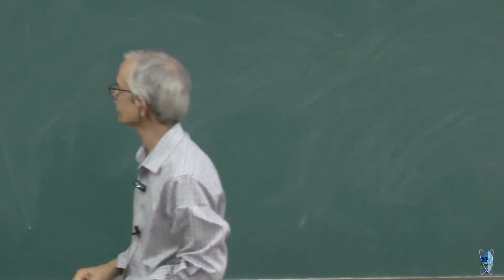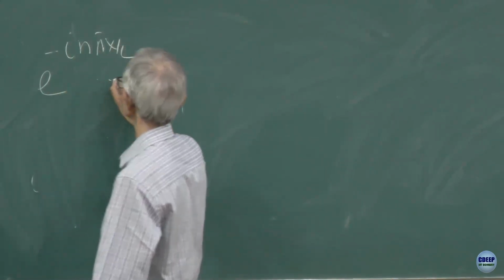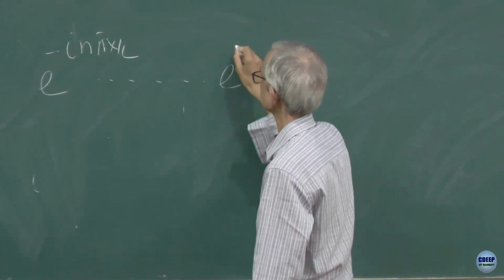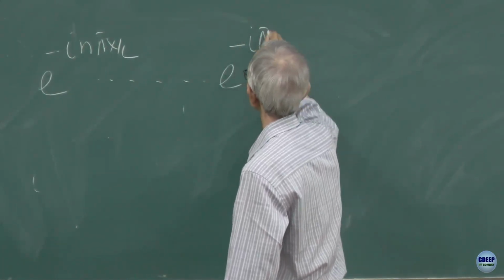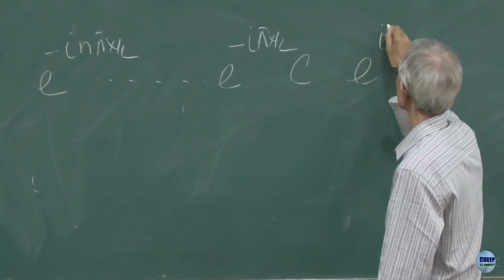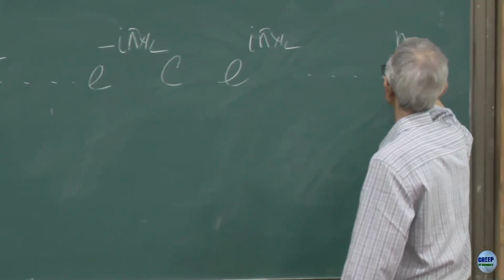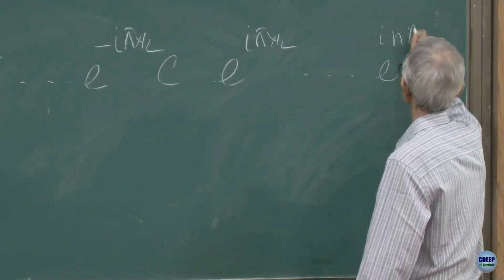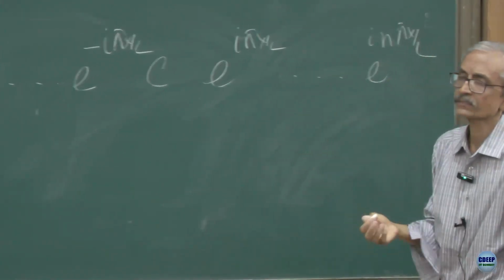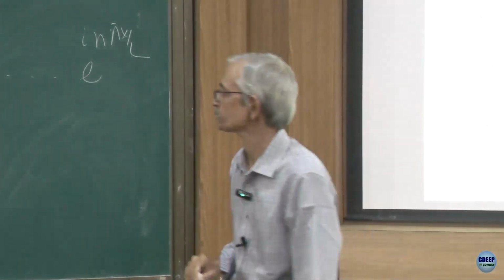Which means that I'm going to say e to the power of minus i n pi x by L, and so on, e to the power of minus i pi x by L, then maybe some constant, e to the power i pi x by L, and then e to the power of n times i. So these we can claim to be the basis functions in the complex plane.